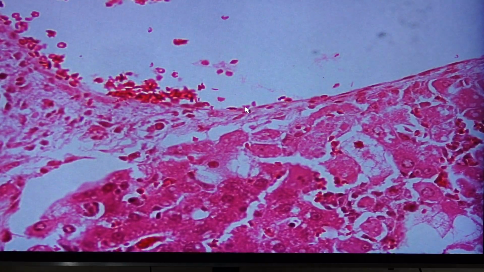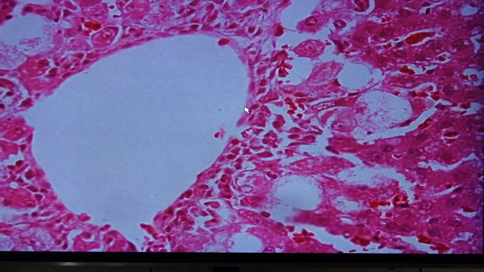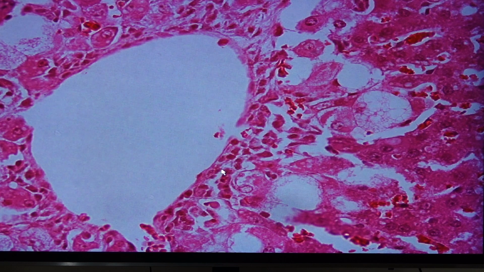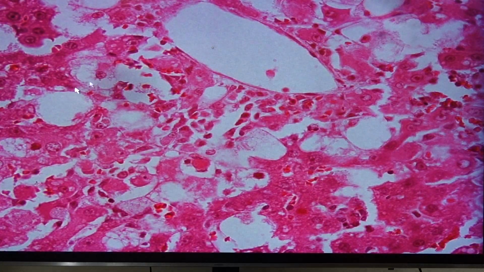And then we also would see the presence of inflammation. The inflammatory cells are increasing in number, so you see a lot of inflammatory cells in the centrilobular area. Here's another area with several of them.